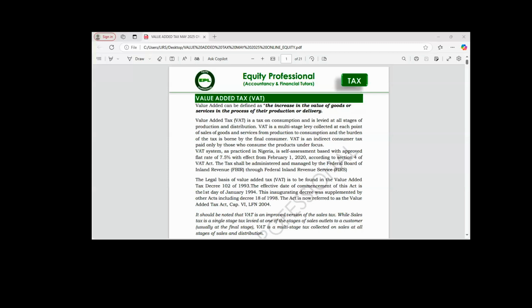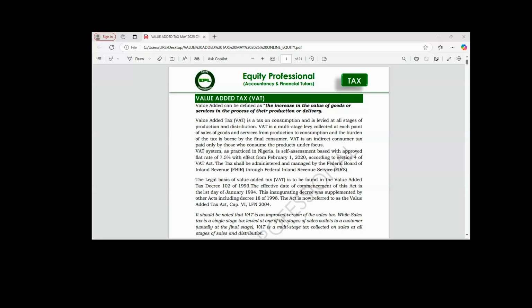That means you have added value to that particular item. So that value you added is what is going to be charged as the tax. And value added tax is a form of consumption tax that is levied at the various stages of production and distribution.